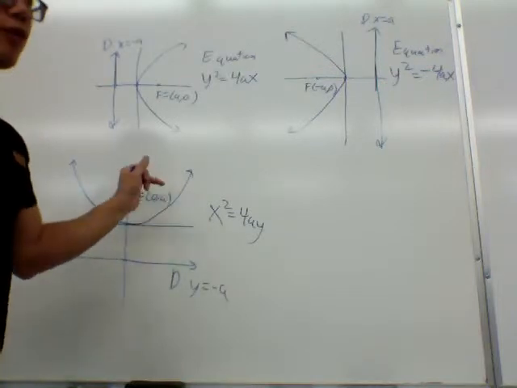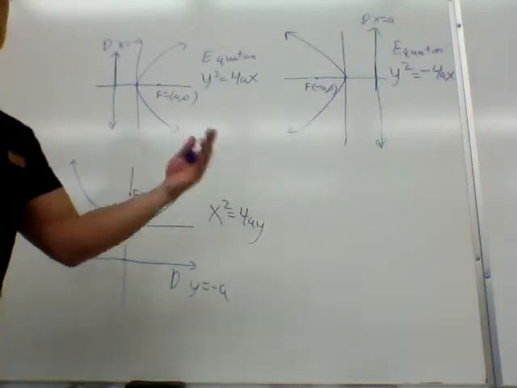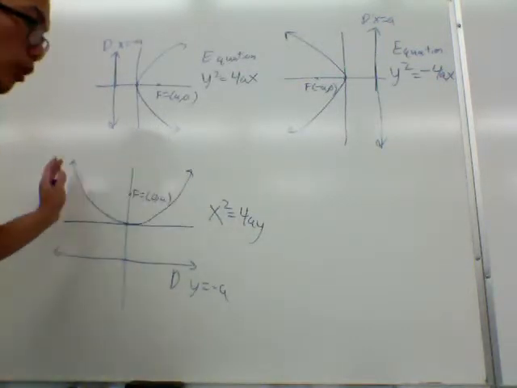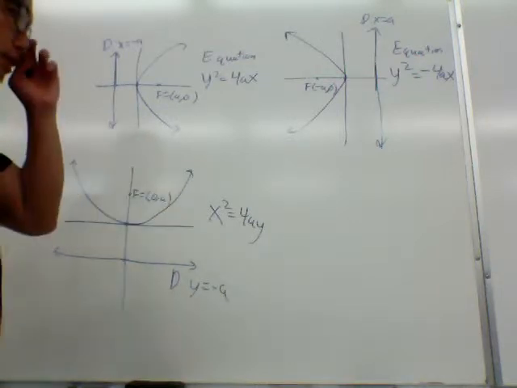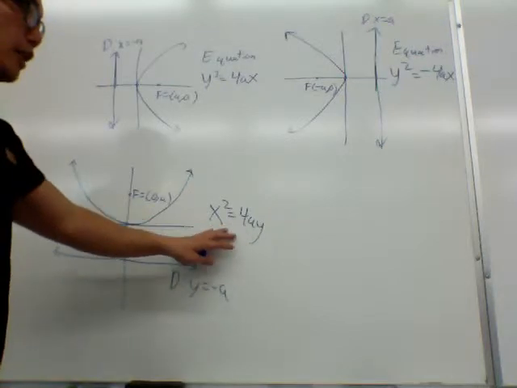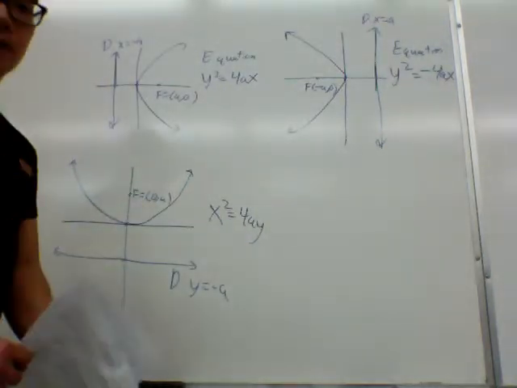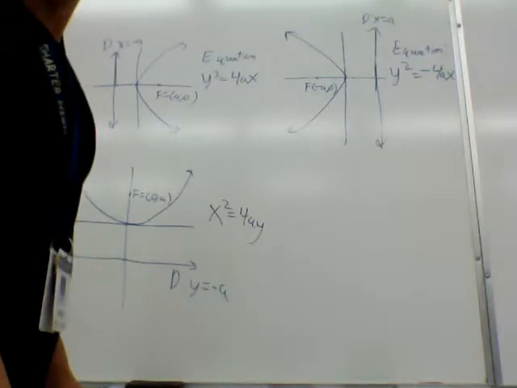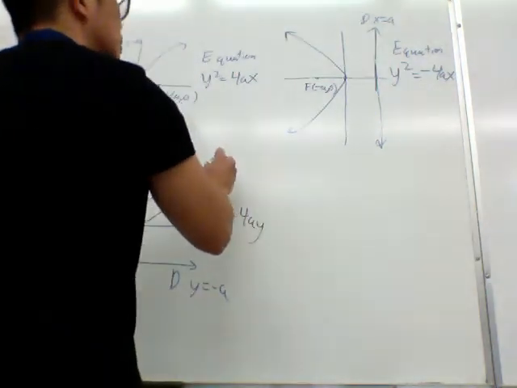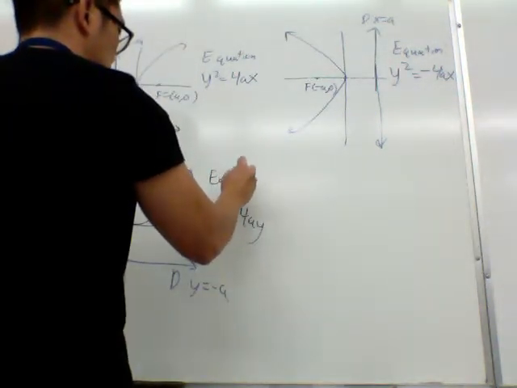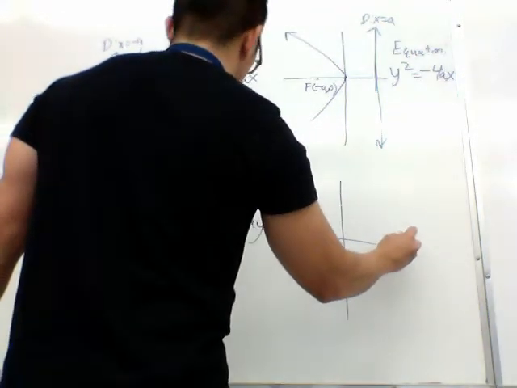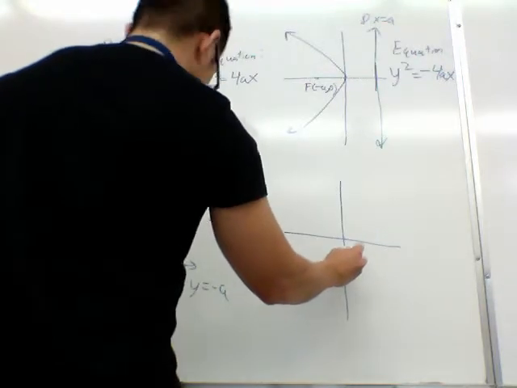And remember, when we first did parabolas, we did y is equal to x squared plus 2x plus 3. The x term was the one that was squared, and it opened up or opened down. So if I look at this equation, this is x squared, and where everything's positive is where it opens up. Okay? So the last case, obviously, is the one where your focus is down below.